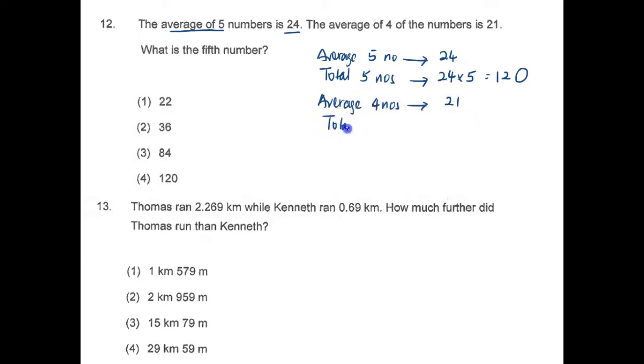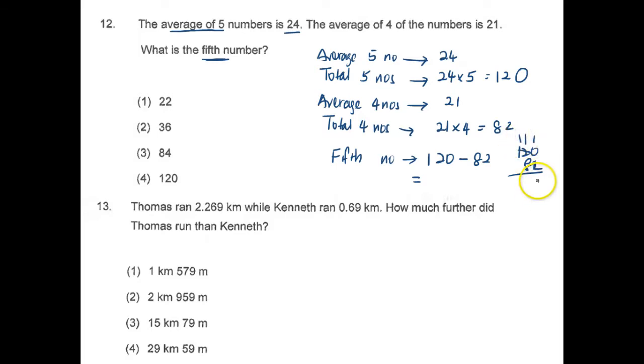So the total of 4 numbers will be 21 times 4. Answer is 82. Find the 5th number. So the 5th number will be 120 minus 82. And the answer is 30.